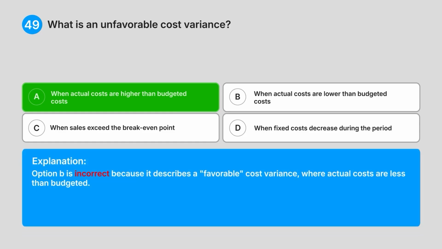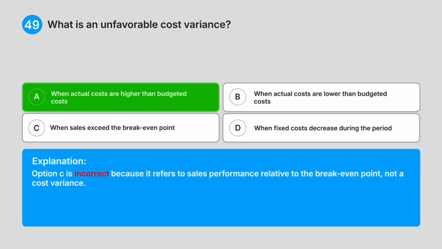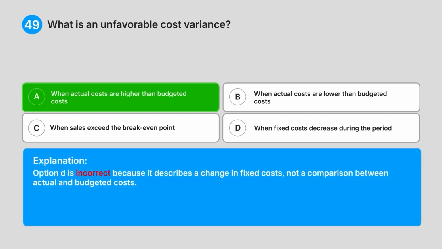Option B is incorrect because it describes a favorable cost variance, where actual costs are less than budgeted. Option C is incorrect because it refers to sales performance relative to the break-even point, not a cost variance. Option D is incorrect because it describes a change in fixed costs, not a comparison between actual and budgeted costs.